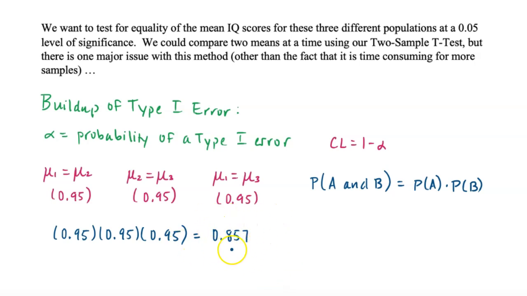Now, if this is the probability that there is no type 1 error, this is my confidence level of all three of these events, and with a confidence level of 0.857, I now have an alpha of 1 minus this value, so that's going to be 0.143.